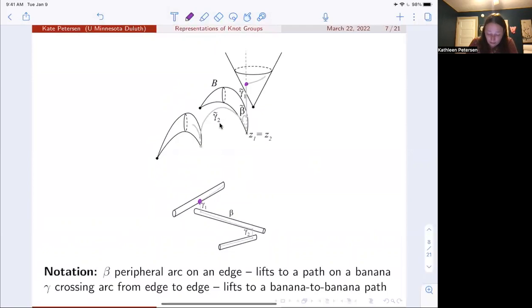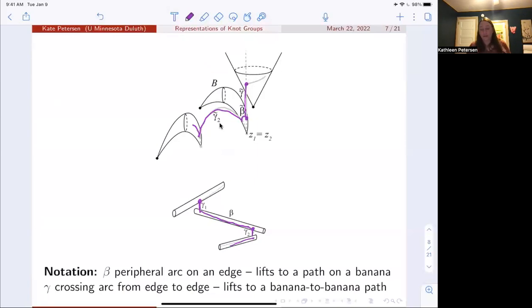And this crossing arc here lifts to a path that goes from one banana to the next. And then maybe I traverse along the boundary torus of my knot complement, and that has to lift to something. Well, the boundary torus lifts to a banana, so this goes around a banana. Now again, I'm crossing, and that lifts to something that connects two bananas, and then I go along my merry way again along the boundary torus.